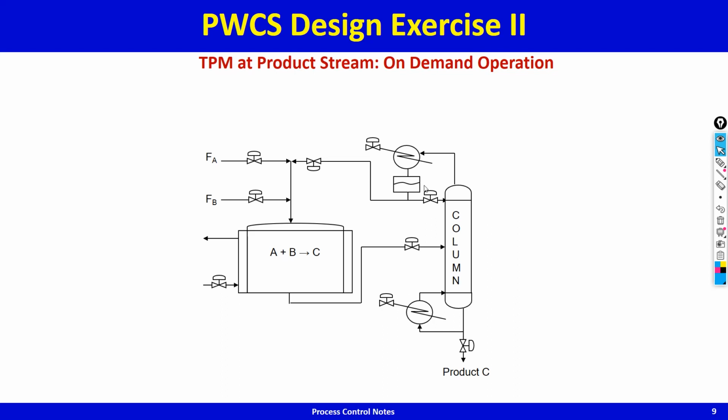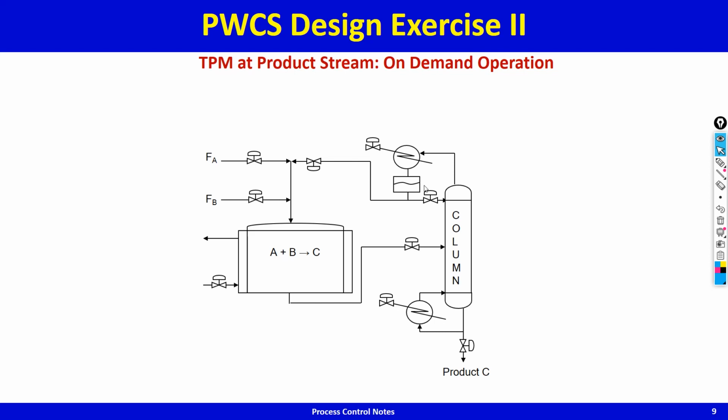Sometimes what happens is, for example, in utility plants, the throughput manipulator has to be on the product stream. Utility plants, for example, a boiler house generating steam for so many downstream processes. If a downstream process says give me more steam, immediately more steam has to be given. Same thing with electricity.